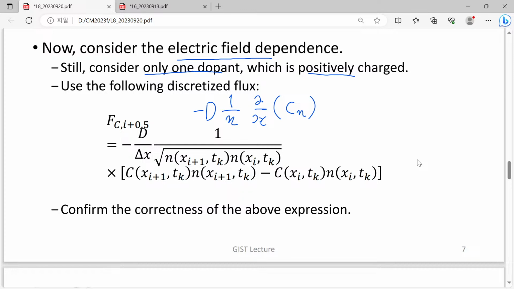Once again, it is now much more difficult than our previous case. In order to apply our Newton-Raphson method, we must calculate the partial derivative of this flux term with respect to our c values.